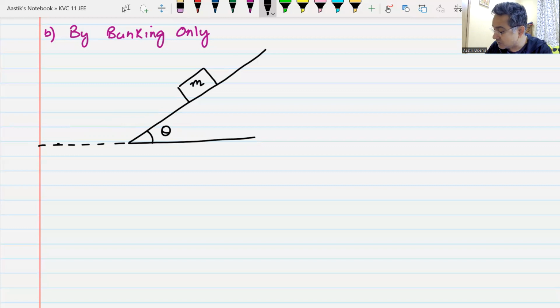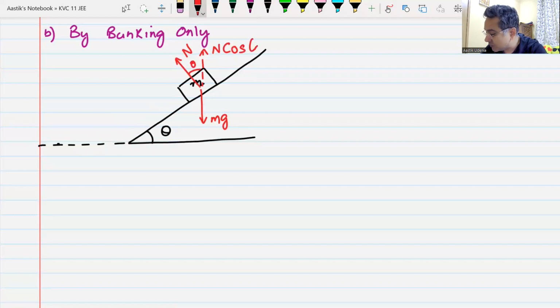This car has to turn, and if I now draw its free body diagram, its mg remains here, but its normal reaction, which was previously vertical, now comes like this. Now this normal reaction can be broken up into two parts. This angle will turn out to be theta.